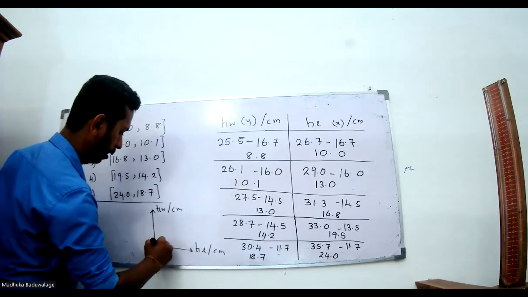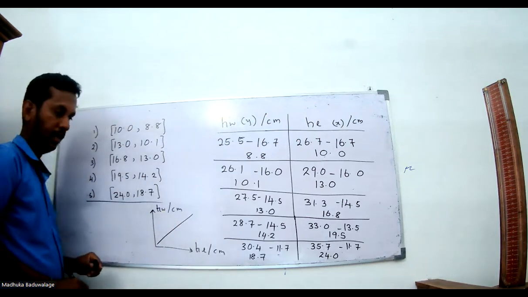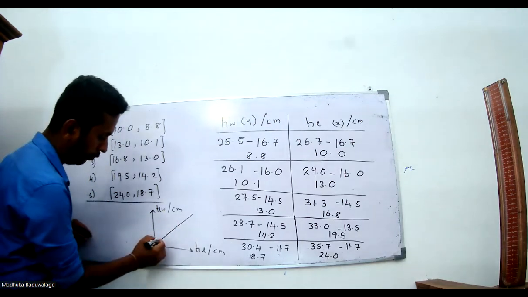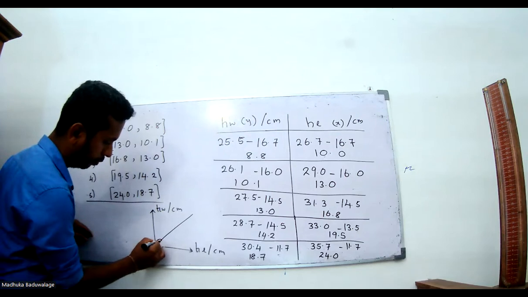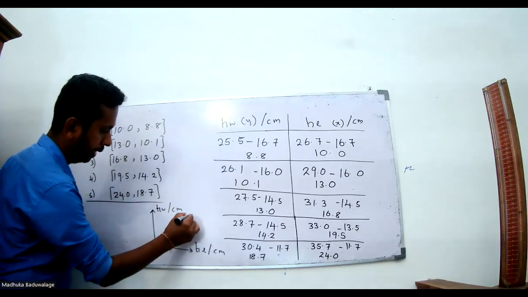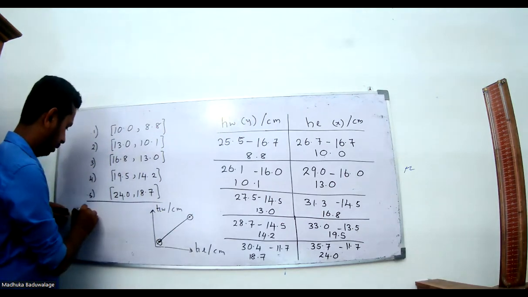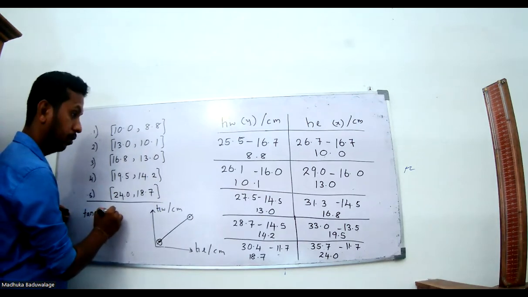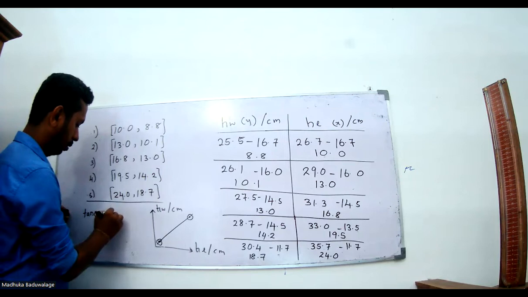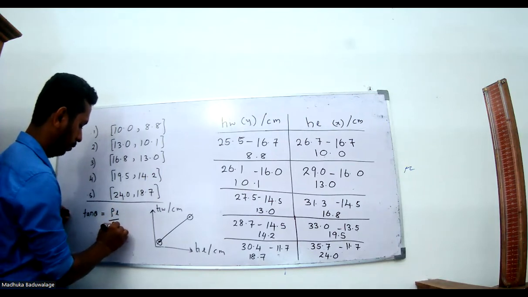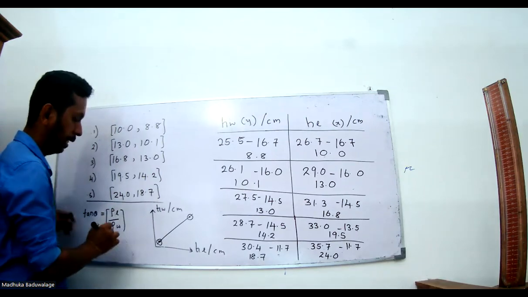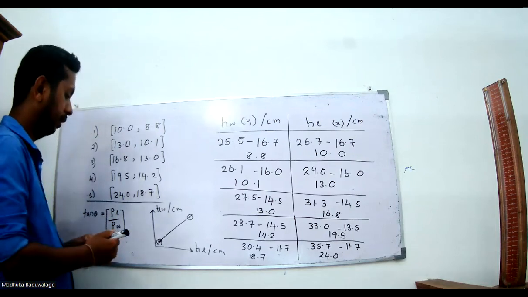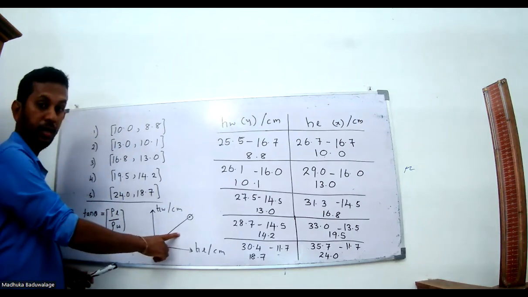Once we plot the graph, we have to find the gradient of the graph. We know tan theta should be equal to rho L over rho W. So we can find out the relative density of the given two liquids using the gradient of the graph.